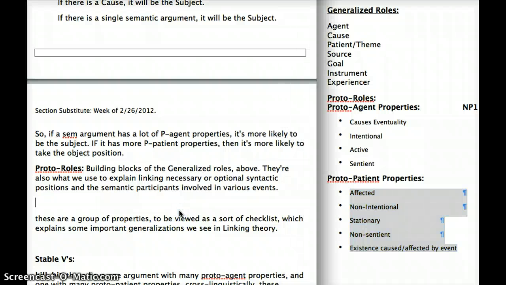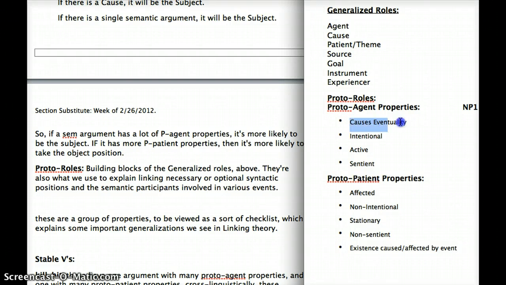There will be competition between the various arguments of a predicate or a verb in order to get the subject position. So if one argument regularly needs to cause the eventuality and be intentional and active and sentient in a certain event, then you're going to have that argument predictably and regularly come into the subject position.